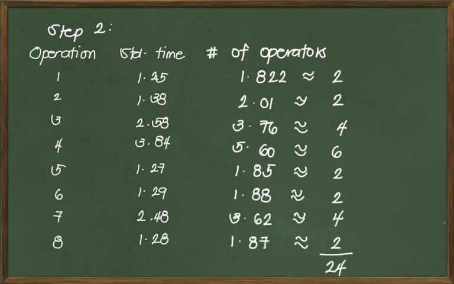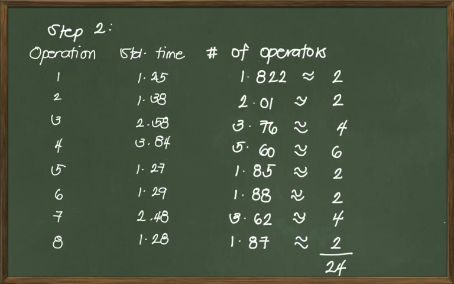After we round off, we can add the total number of actual operators, and it should be around the same number as our computation for n earlier, which is the theoretical number of operators in the line.